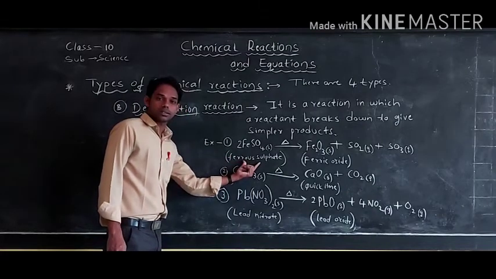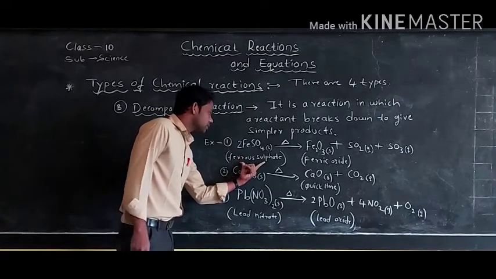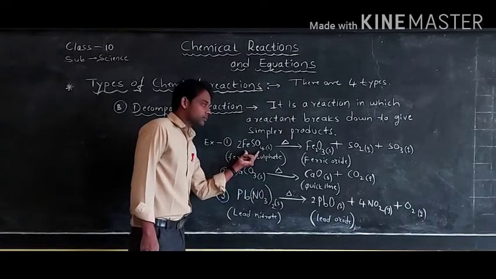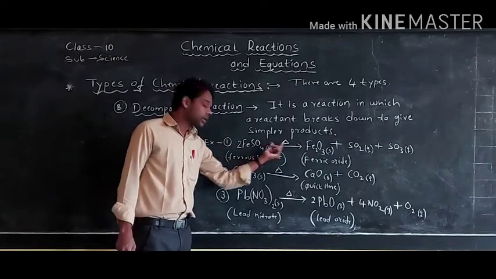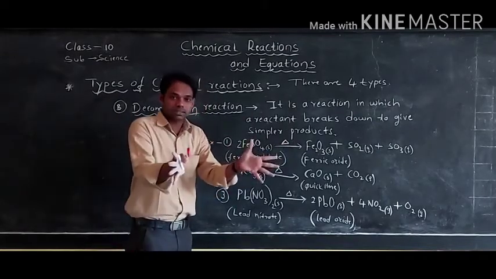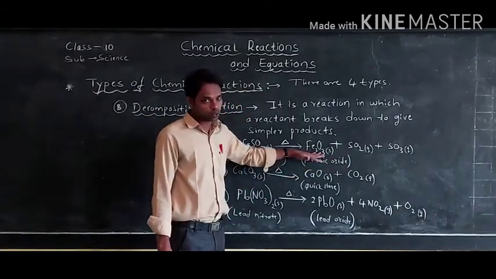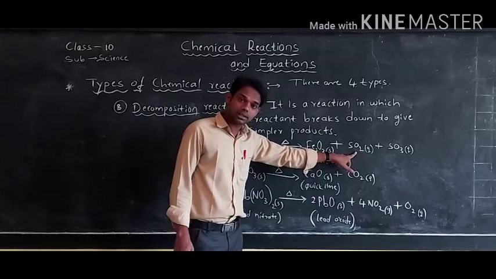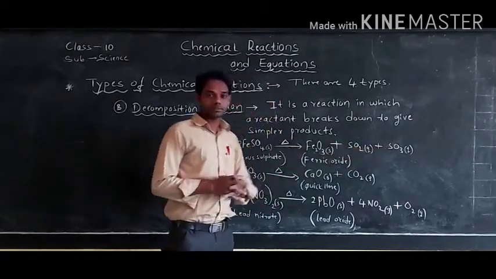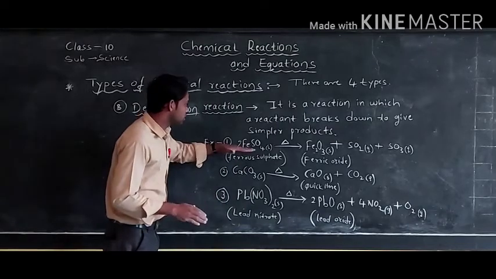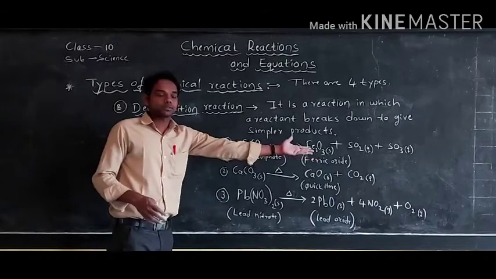Ferrous sulfate, also called iron sulfate, FeSO4. When it is heated, it breaks down and gives simple products like ferric oxide, Fe2O3, sulfur dioxide, SO2, and sulfur trioxide, SO3. Understood? Here, a reactant breaks down to give products.